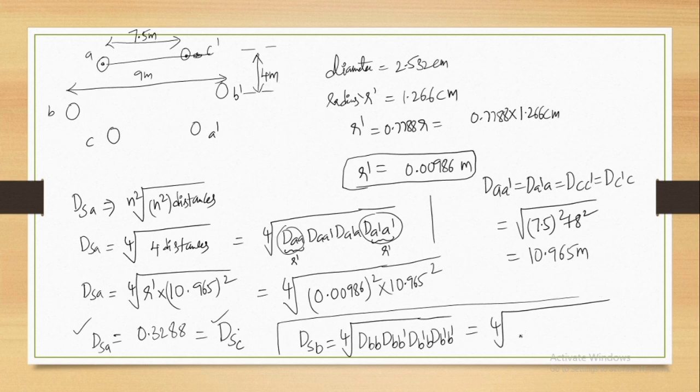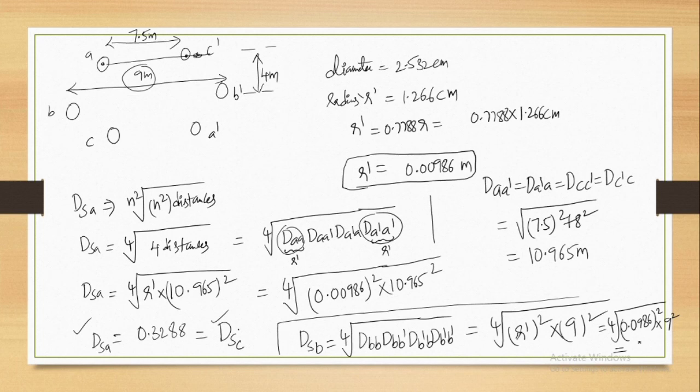B to B is again R dash, B dash to B dash is also R dash, so R dash whole square into, if you observe the diagram, B to B dash distance is 9 meters, so directly you can take 9 square. You know R dash value already, 0.00986, so it is fourth root of 0.00986 whole square into 9 square.